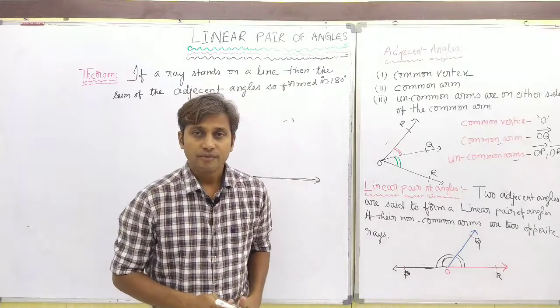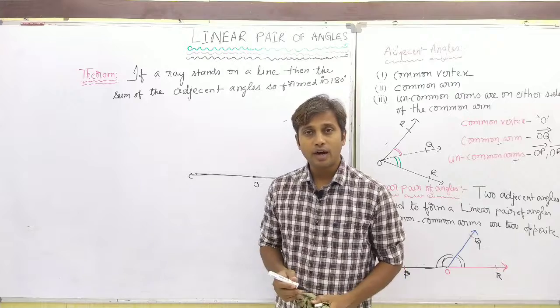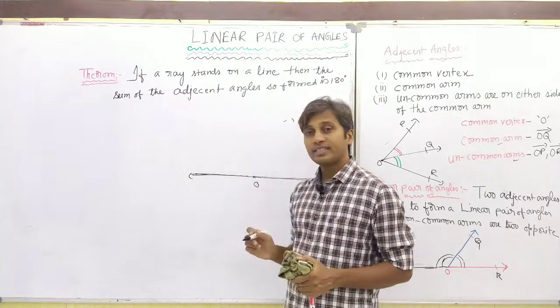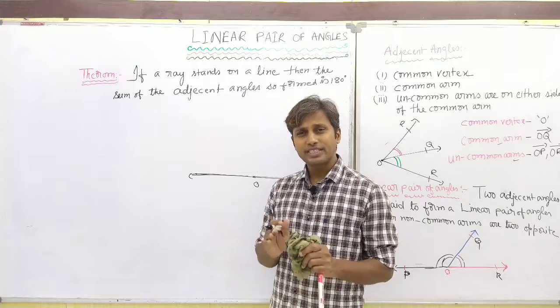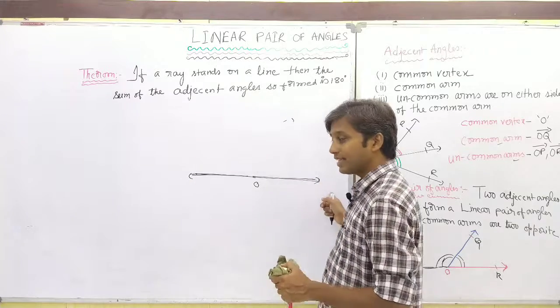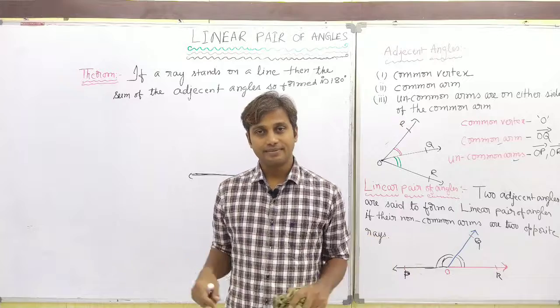Exactly. Why? Because whenever two rays are exactly oppositely directed to each other at a common vertex, we don't need to consider them as different rays. We can consider that total union as a single straight line.